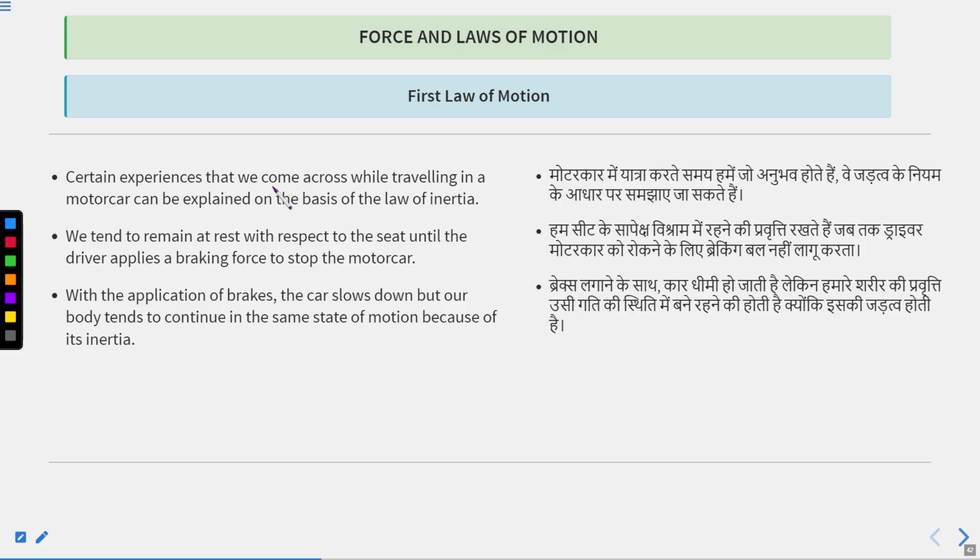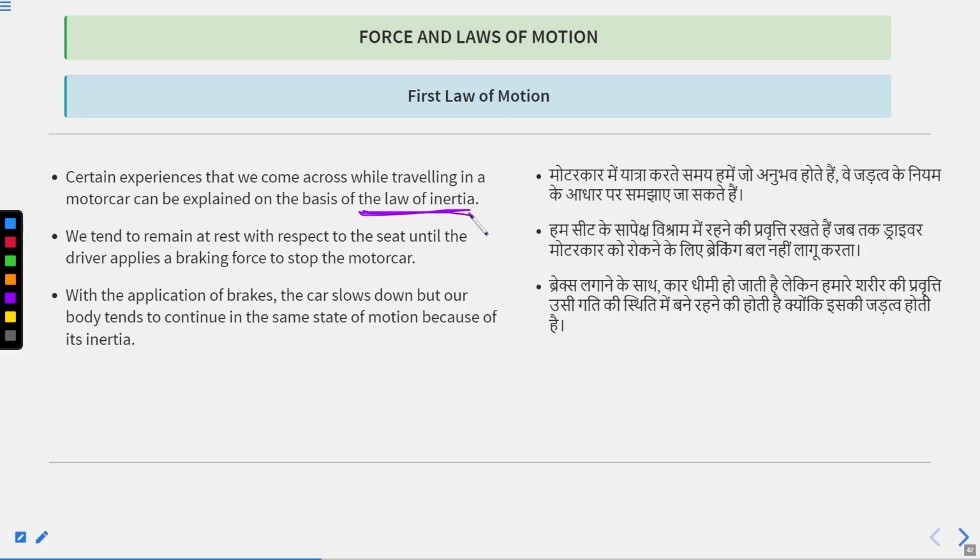Certain experiences that we come across while traveling in a motor car can be explained on the basis of the law of inertia. So we are going to explain the law of inertia by some examples. Suppose you are sitting in a bus and the bus starts.